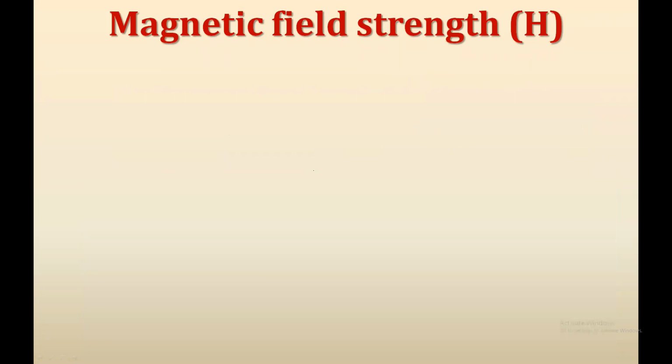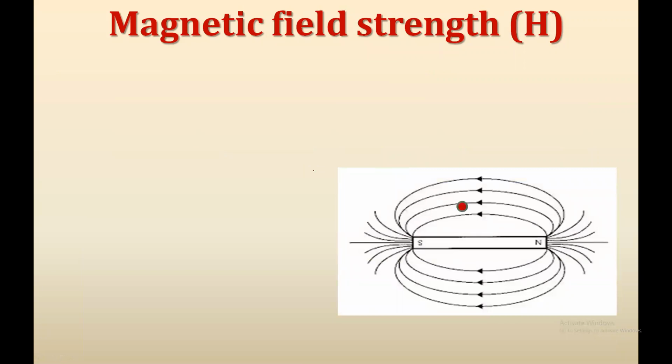Get my point? If I once again consider the magnetic field, and consider an N pole of 1 Weber, the force experienced by this N pole we call the magnetic field strength at that point. Right? Now, this point is considered on one line. Suppose I take another point here and place an N pole there, then definitely the magnetic field strength at both these points will be the same. Get my point?